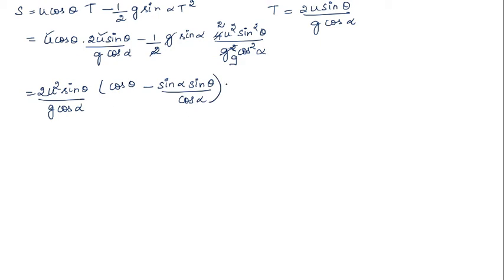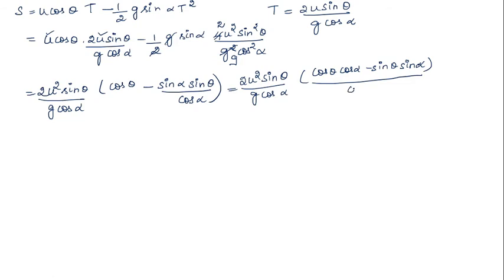Now I am taking LCM, so this will be 2u squared sine theta divided by g cos alpha into cos theta cos alpha minus sine theta sine alpha divided by cos alpha, because I am taking cos alpha outside.